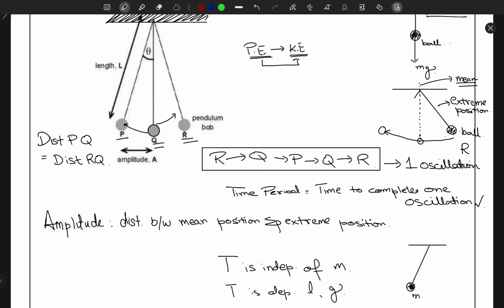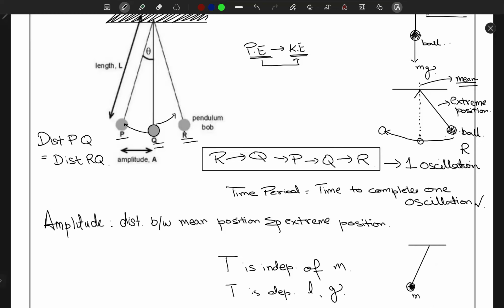It could be really heavy, it could be 70 kilograms, it could be 200 kilograms, or just 1 kilogram. The speed of oscillation will not be affected, which is not really intuitive, but that's how it is. So it is independent of the mass, but it depends on the acceleration due to gravity, and it depends on the size of this string.